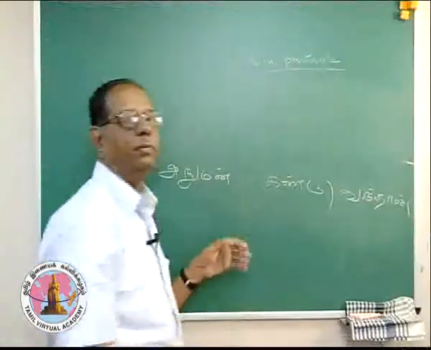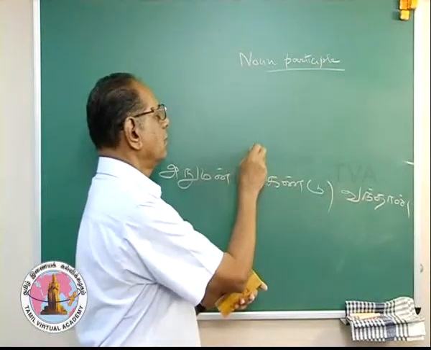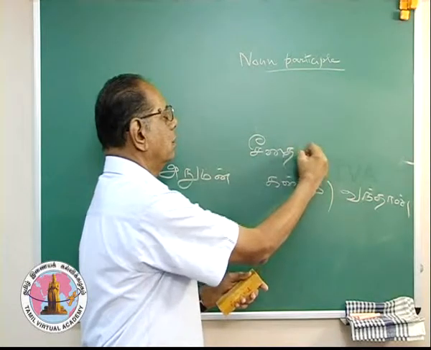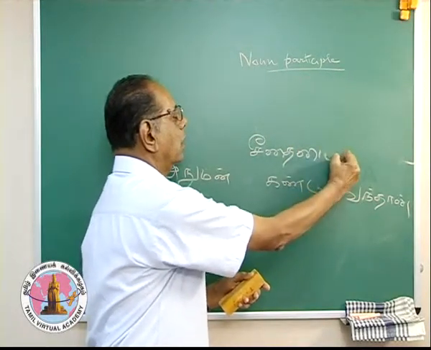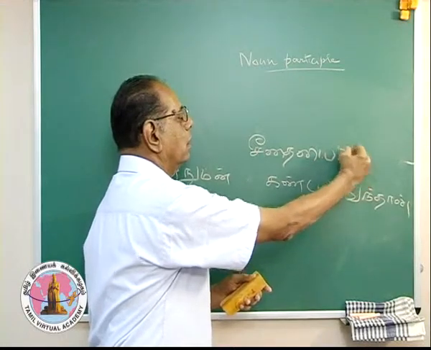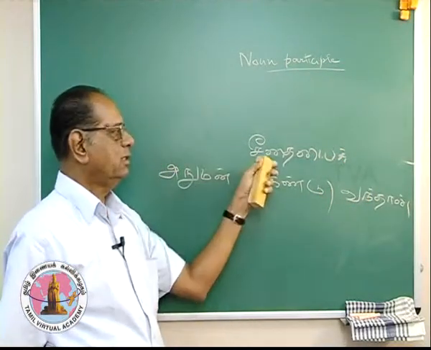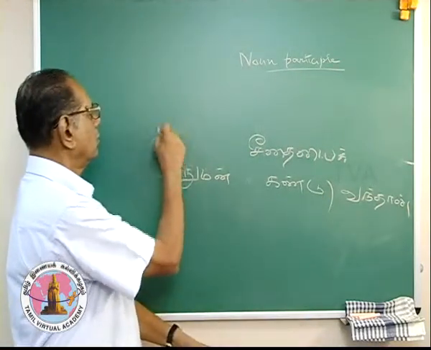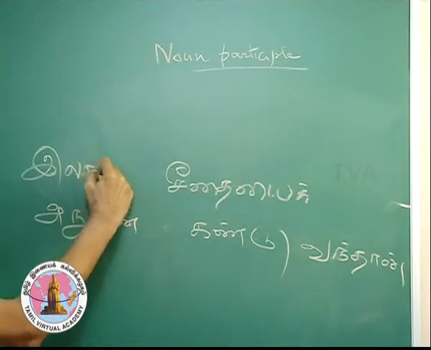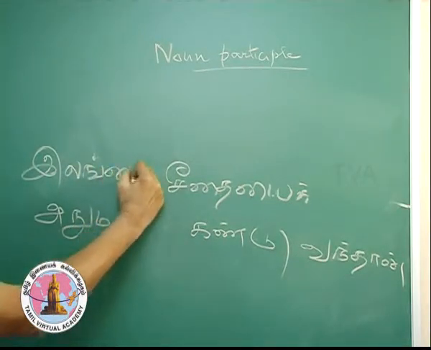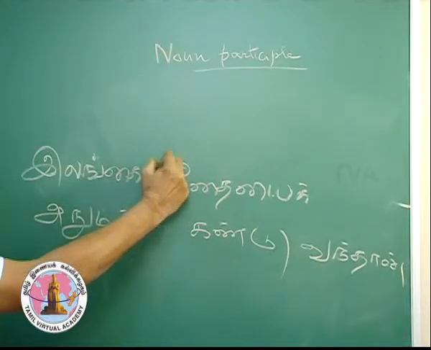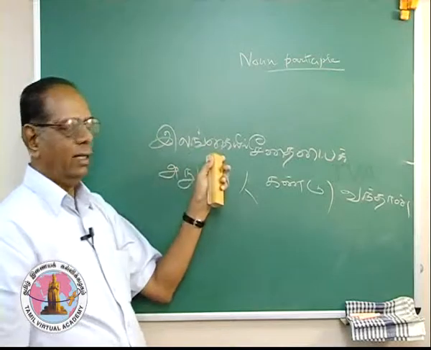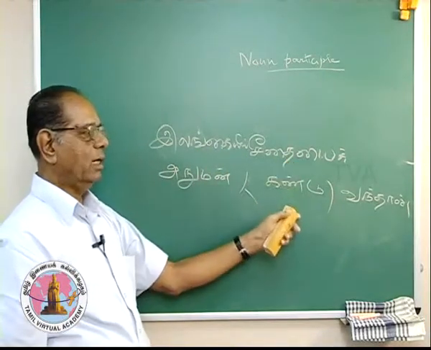Let us frame a big sentence. அனுமன் சீதையை கண்டு வந்தான். அனுமன் இலங்கையில் சீதையை கண்டு வந்தான்.